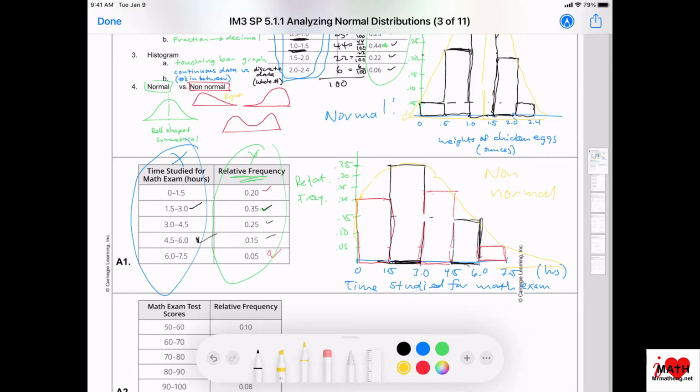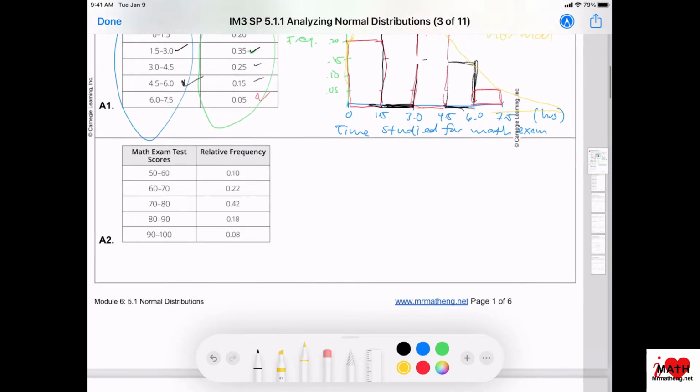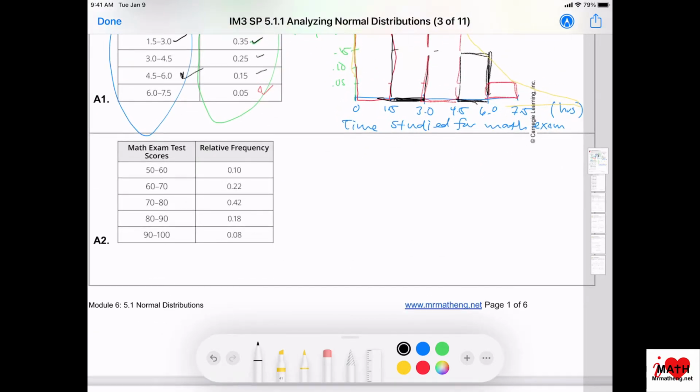All right, let's go ahead and go over now to example number 1b. Do the same thing. I have the x-axis over here. So this is math exam test scores.